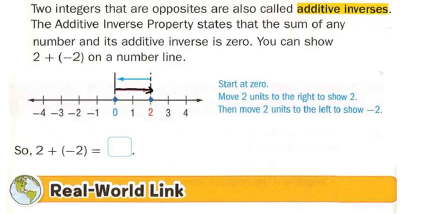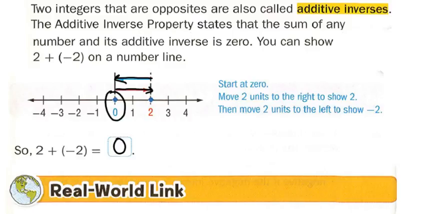All right. From there we add -2 units. Well, that means we're going to go to the left. So we go right back to the left to represent those 2 negative units. Well, if we do that, look where we end up. We end up right back where we started at 0. So that means 2 plus -2 is actually equal to 0.